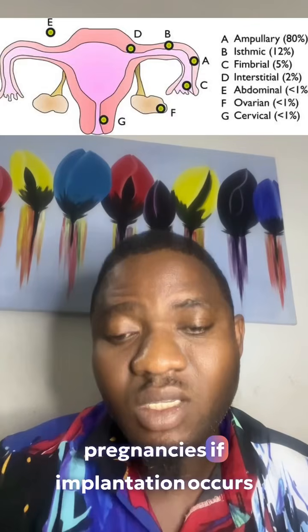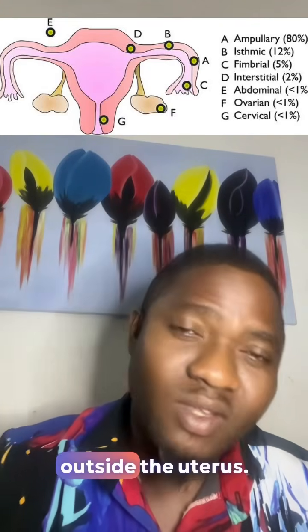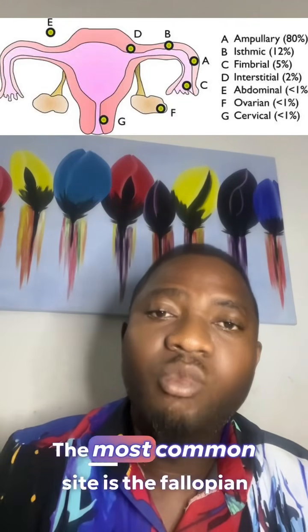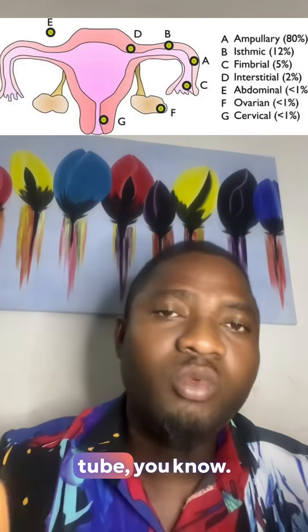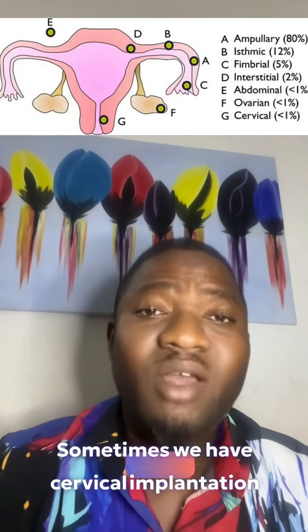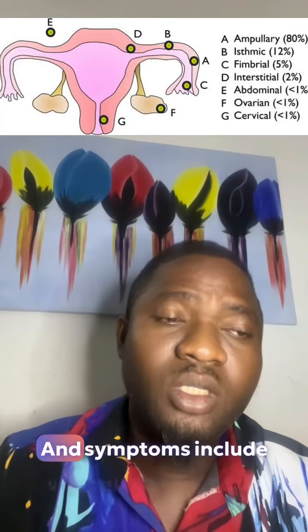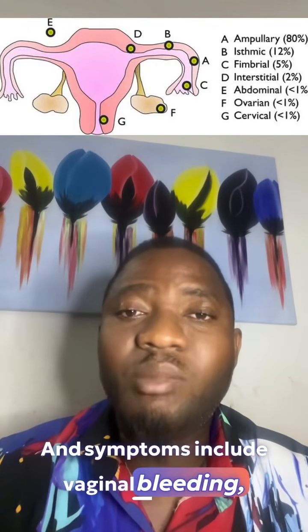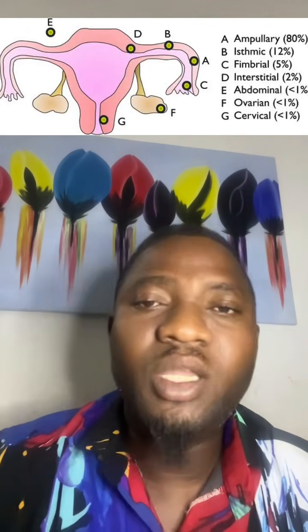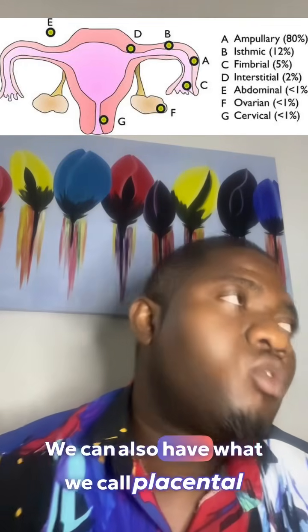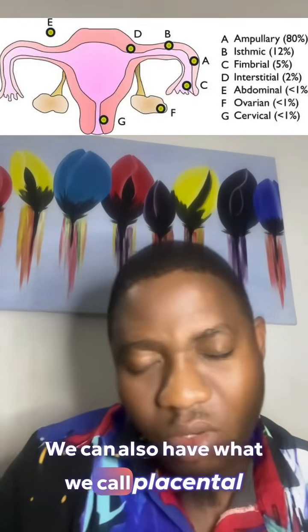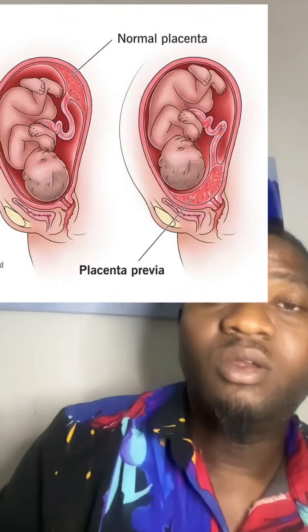There is ectopic pregnancy if implantation occurs outside the uterus. The most common site is the fallopian tube. Sometimes we have cervical implantation, though, and symptoms include vaginal bleeding, abdominal pain, and the rest. We can also have what we call placenta previa.